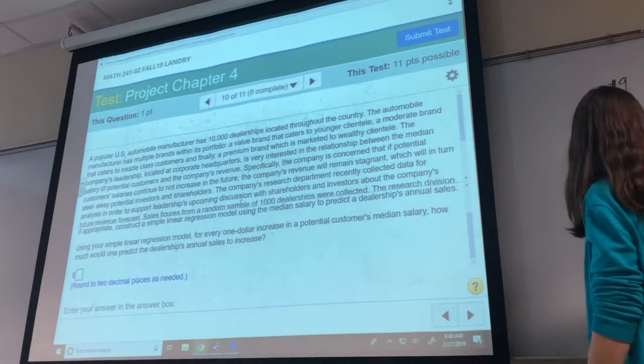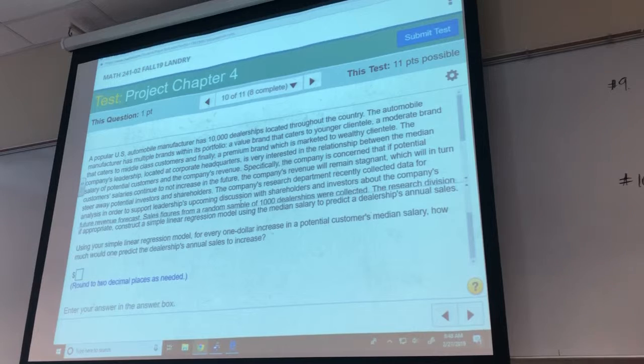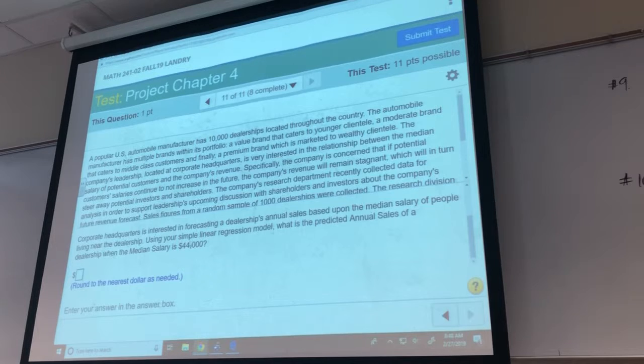So 10 is your slope. So just remember, your slope is the same thing as your rise over run. They ask you, for every unit increase for x, how much would you expect your y to increase by, and that's just going to be whatever your slope happens to be.